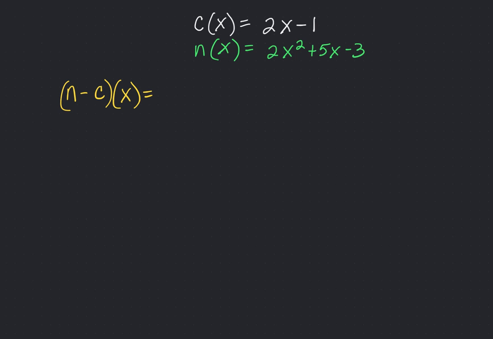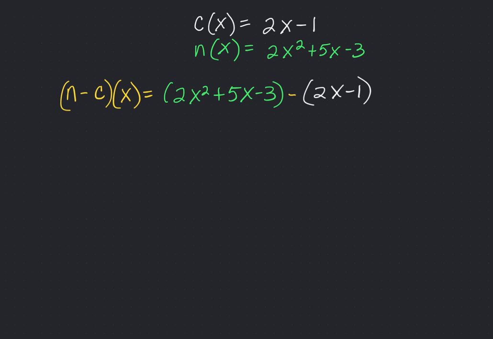So n of x is 2x squared plus 5x minus 3. But then we are subtracting from that c of x, which is 2x minus 1. And remember, we need to distribute this negative.